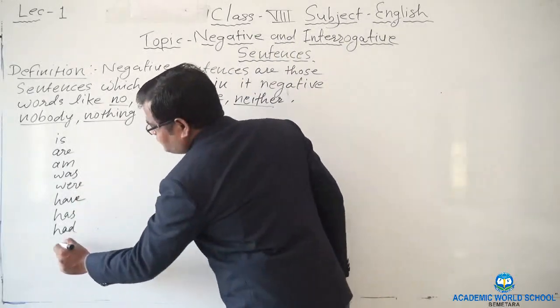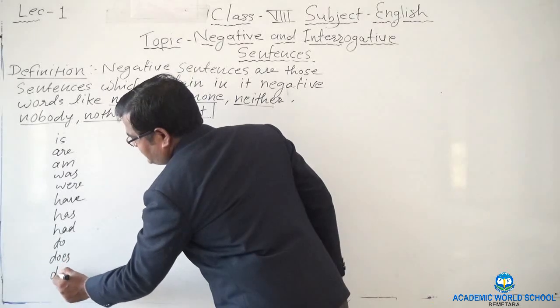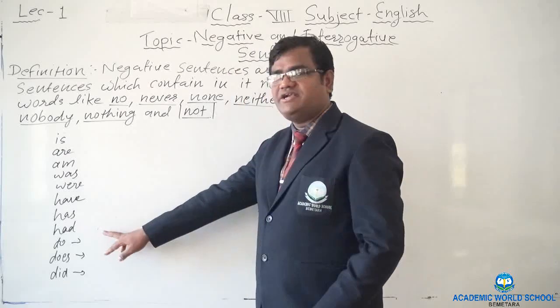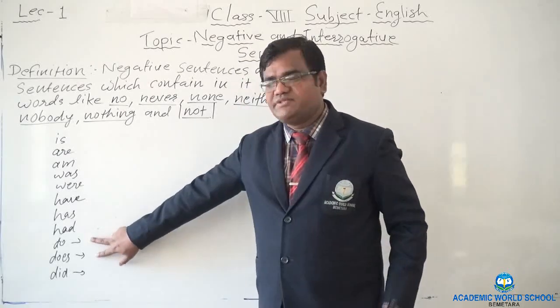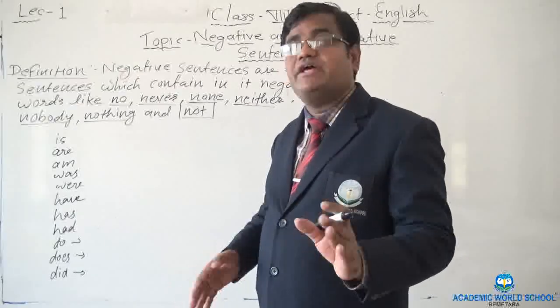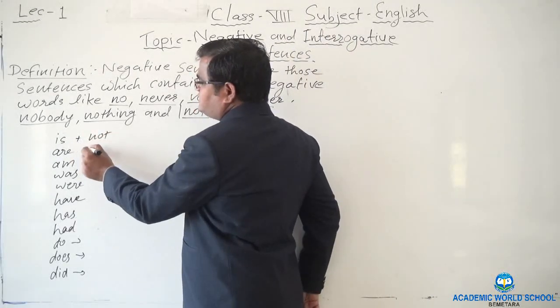There may be do, does, did. Generally we find do and does with the first form of the verb, and did with the second form of the verb. It is not given there, but we have to. Then we have to add not after these words.